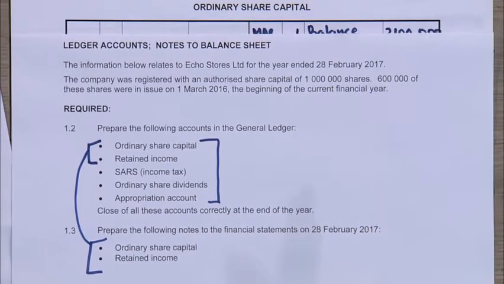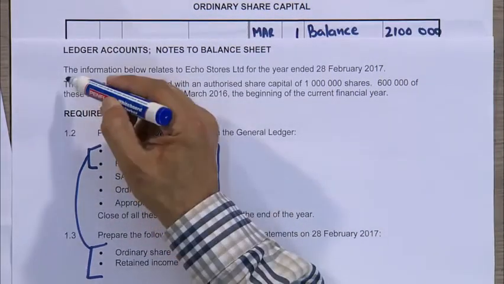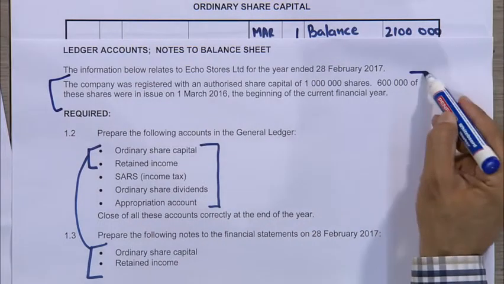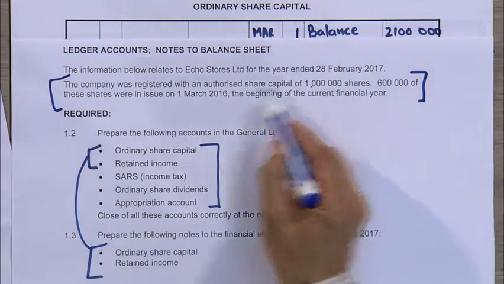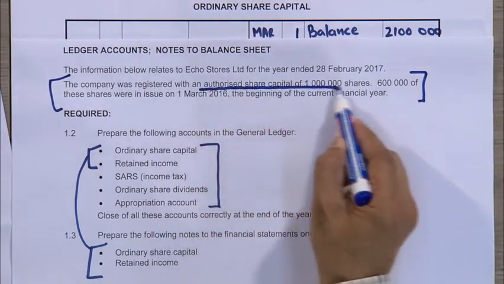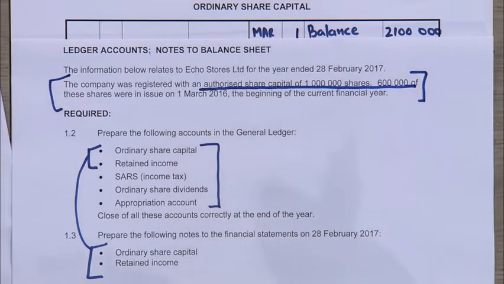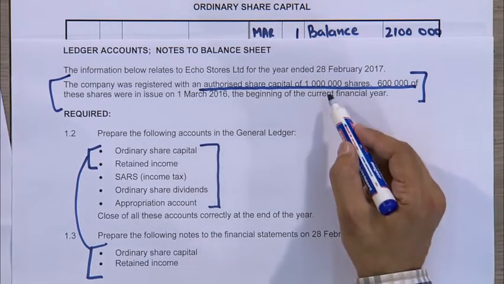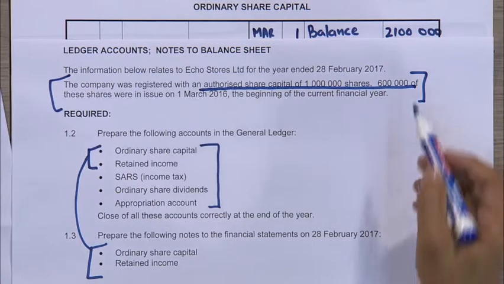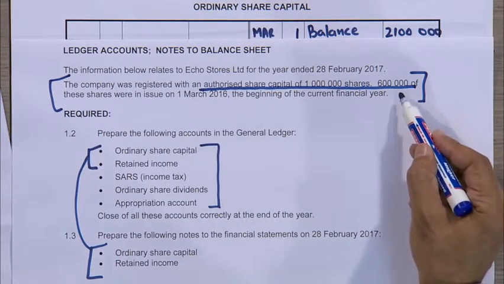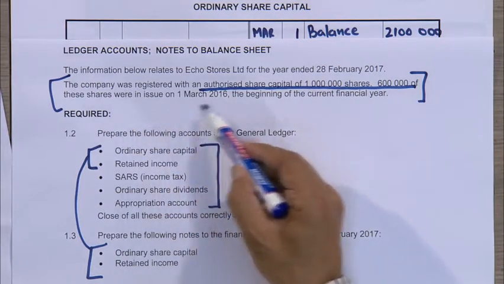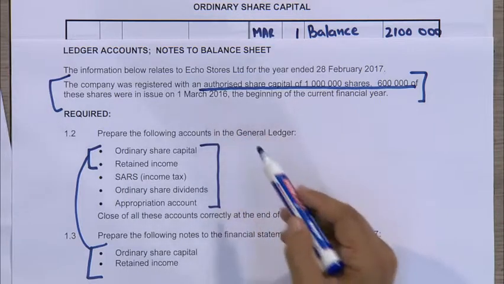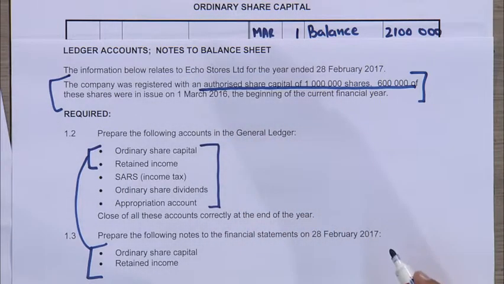Okay. What's also important in the information is this part over here. It says that they are authorized maximum number of shares the company is allowed to issue. They are authorized to issue 1 million, and they have already issued 600,000 up till the 1st of March 2016, which is the beginning of the financial year.